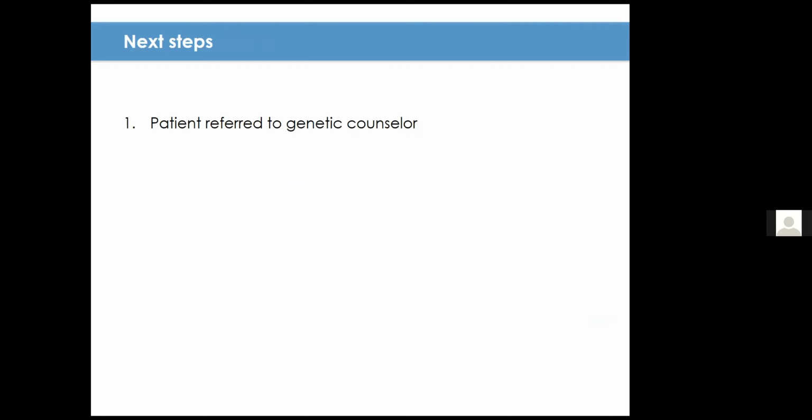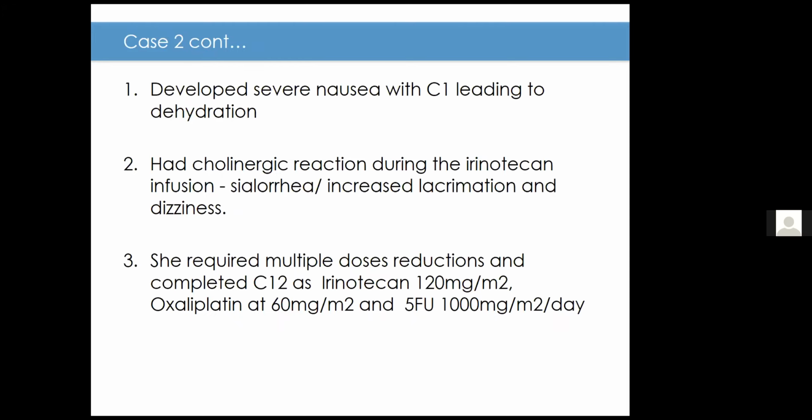significant family history, as well as the new guidelines that recommend everybody be referred to a genetic counselor, she did so. And then the tumor was also sent for NGS via Tempus, and she was started on modified FOLFIRINOX. She developed severe nausea cycle 1, for which she required hydration.